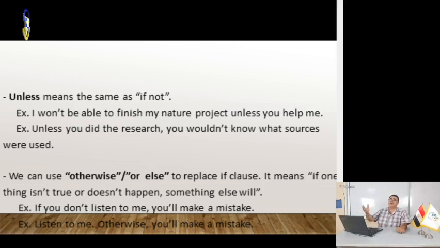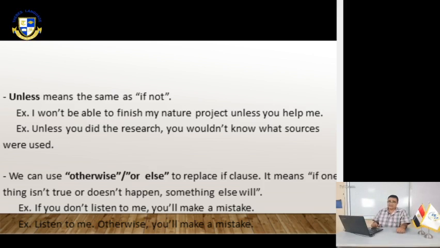Study hard or else you will fail your exams. Study hard, otherwise you will fail your exams. So or else and otherwise are alternatives to if. Listen to me, otherwise you will make a mistake. Or else you will make a mistake. So otherwise and or else are also alternatives to if.